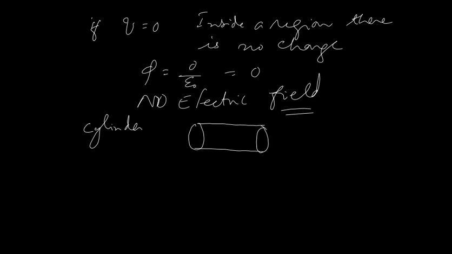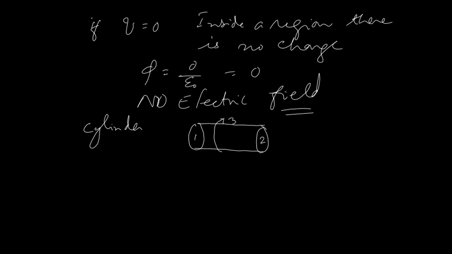So he considers a surface like that. There is a cylinder. Now he wants to find out, there are three surfaces. This is surface 1, this is surface 2, this entire curved one is surface 3. All this is not required from the examination perspective. He is trying to say that even for a sphere, cylinder, or anything, the electric field can be 0 if there is no charge inside.